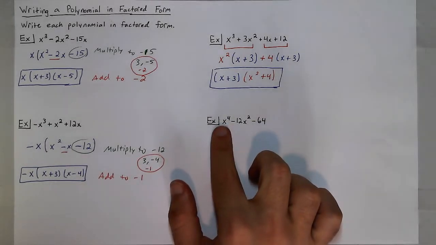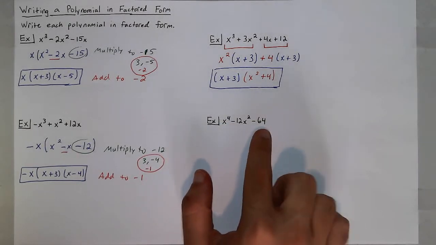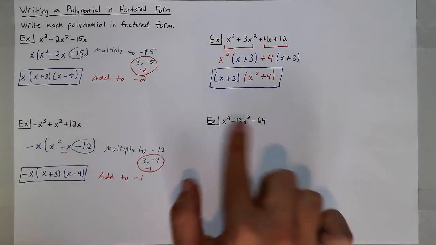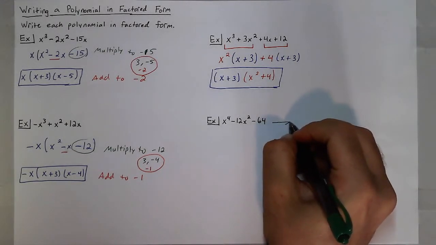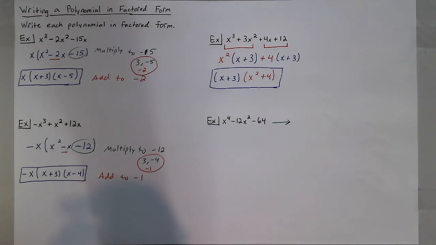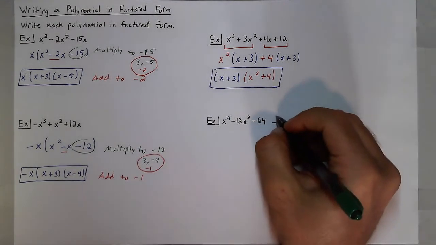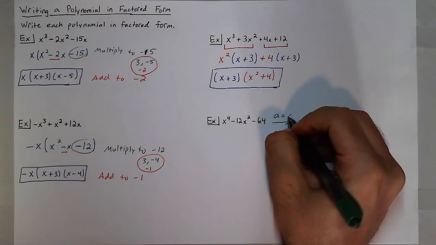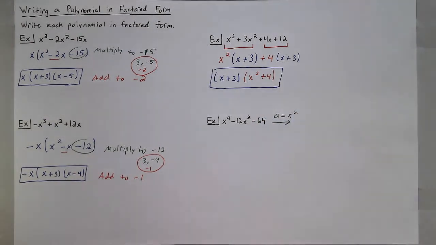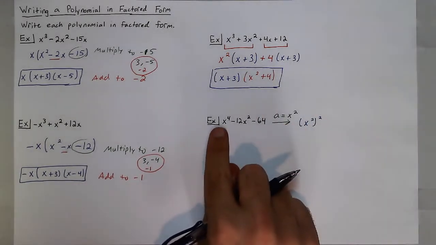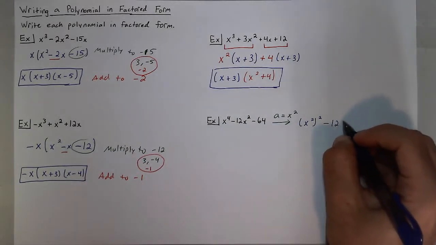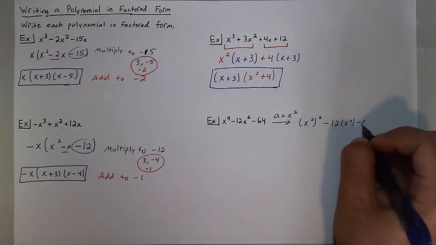Next up, we have x to the 4th minus 12x squared minus 64. Again, no common factors amongst all the terms, and this isn't a quadratic. But there is a technique I can use where I substitute in another variable to factor this. So I'm going to pick a, but I'm going to set it equal to x squared. And the reason why that's important is this expression here can be written as x squared squared, for my x to the 4th, minus 12 times x squared, minus 64.